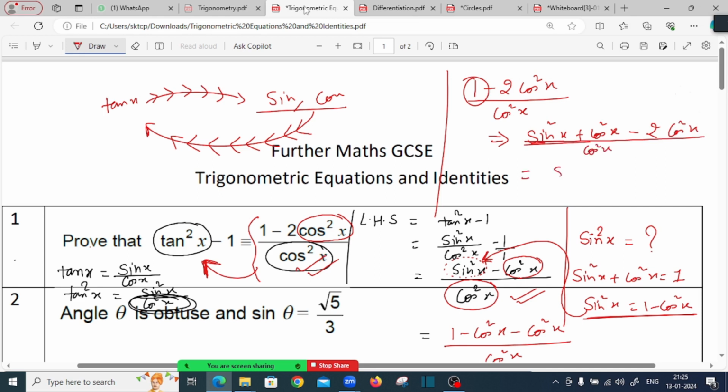You will get sine square x minus cos square x upon cos square x. Now separate this. So sine square x upon cos square x is tan square x, minus cos square x upon cos square x, and you get the answer. But please see again how you got to replace this 1 as sine square x plus cos square x, so that I should do this. Are you getting my point?